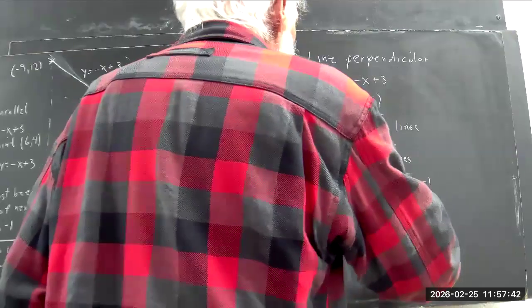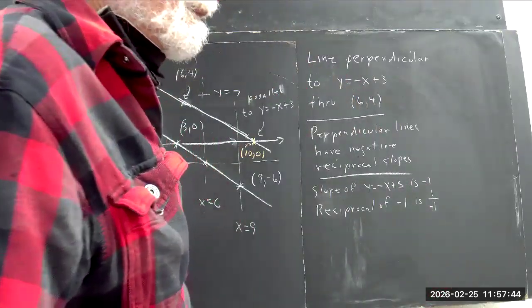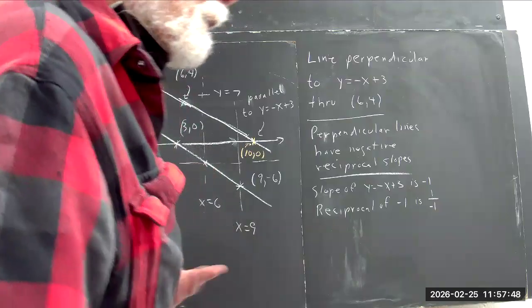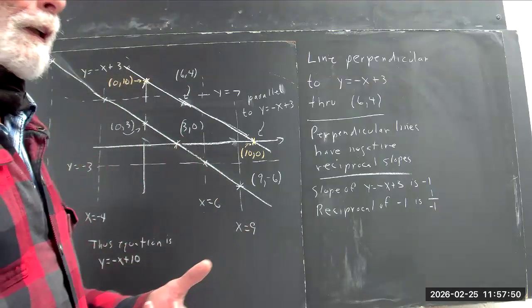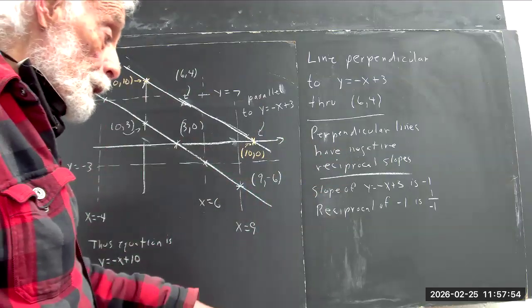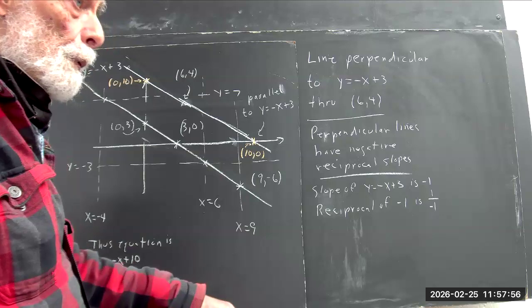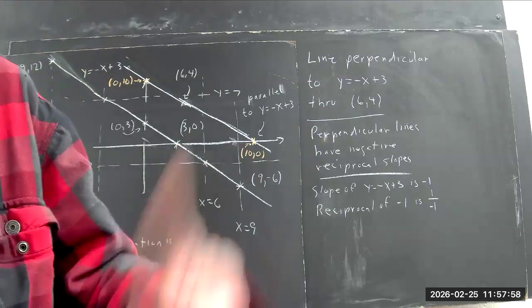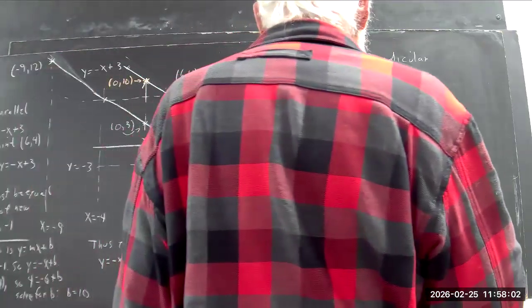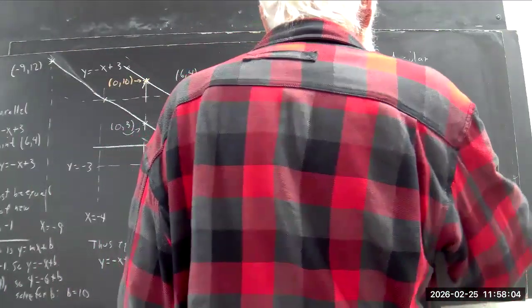You write 1 over whatever that number is, and you get the reciprocal of that number. Now, if you don't remember that, it's okay. Negative 1 isn't a particularly good number to use for an example here, but OpenMath will make that very clear. You see plenty of examples. It's something that doesn't usually give people any trouble.